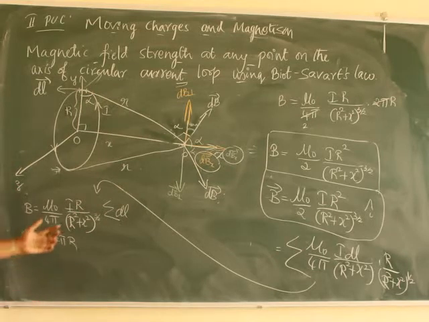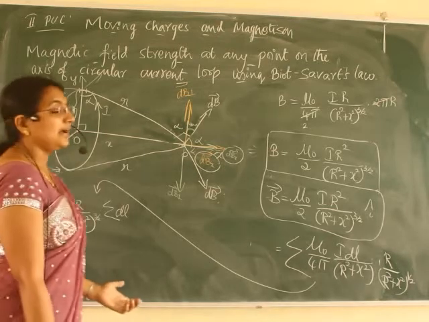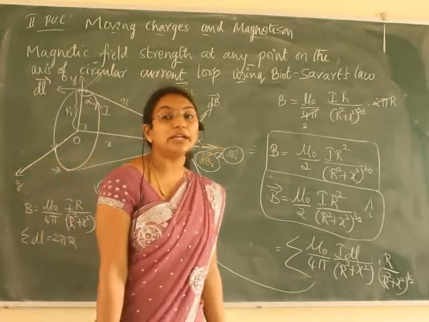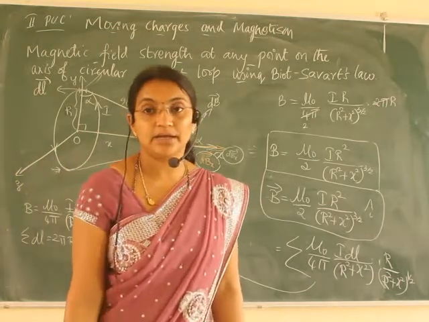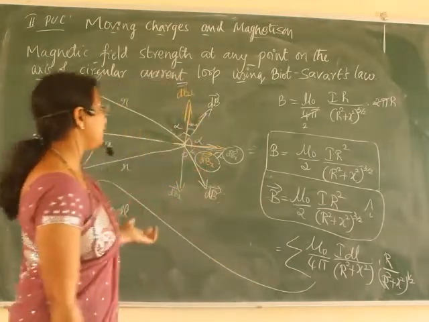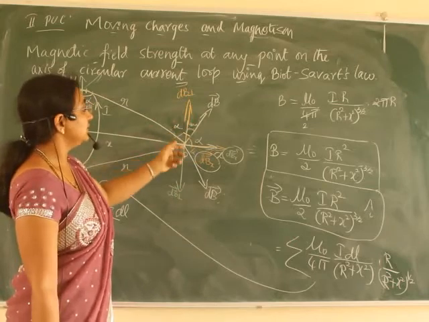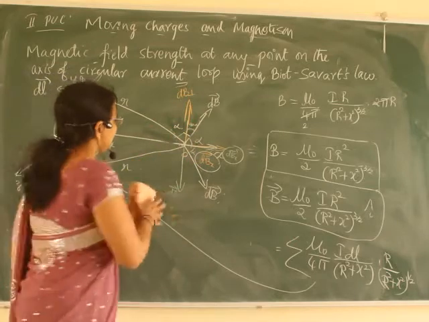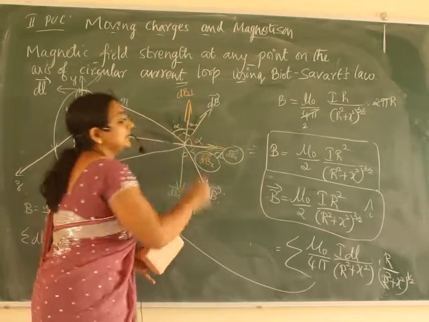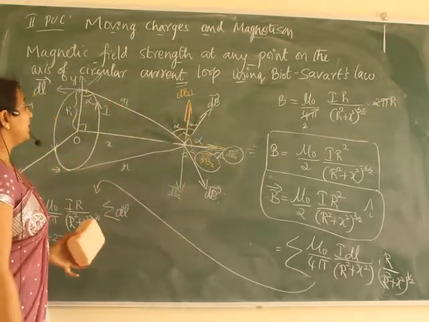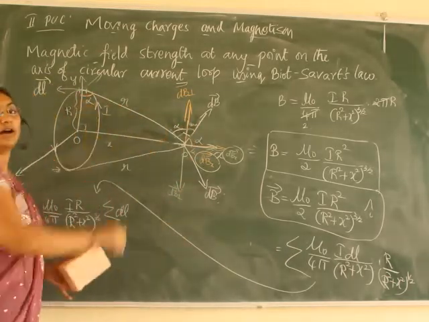So the total magnetic field which remains we can say in terms of dBx. But dBx is nothing but dB cos alpha, correct? If this is alpha, this is 90 minus alpha, then this small angle is also alpha.